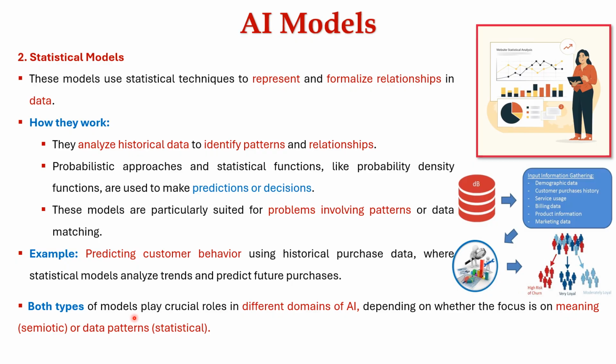So both types of models play crucial roles in different domains of AI, depending on whether the focus is on meaning, that is semiotic, or data patterns, that is statistical. So hope you are clear on AI models.